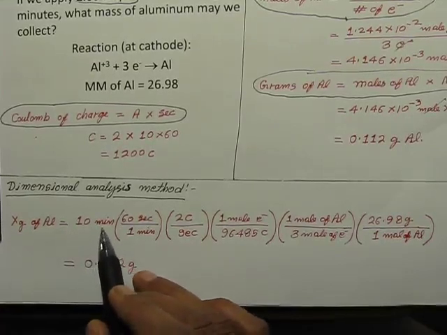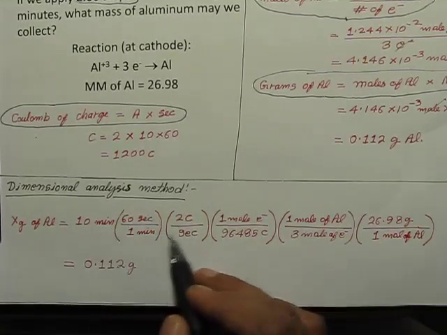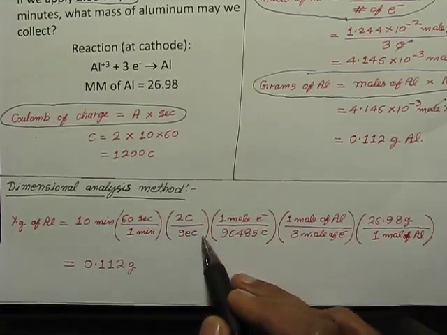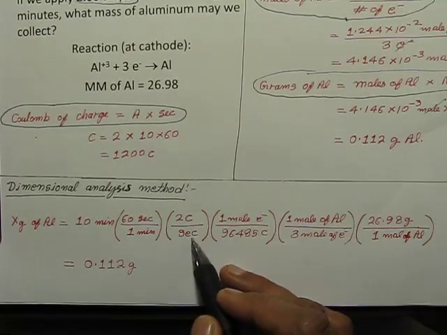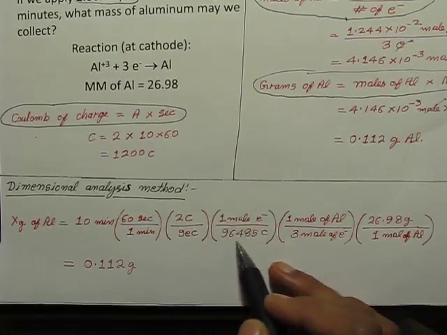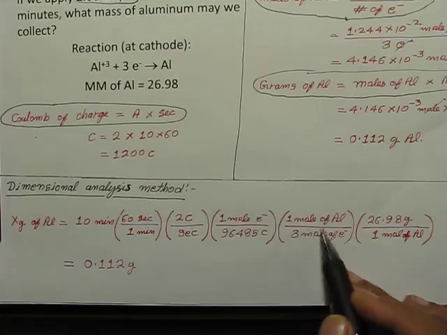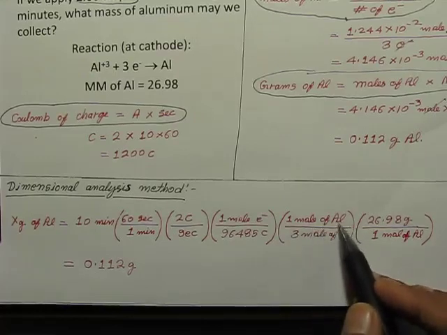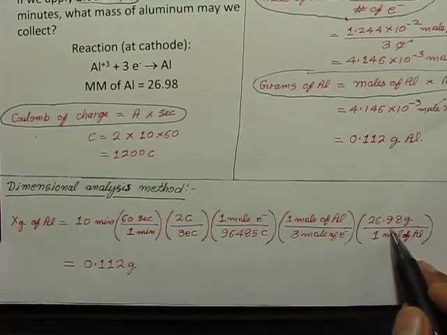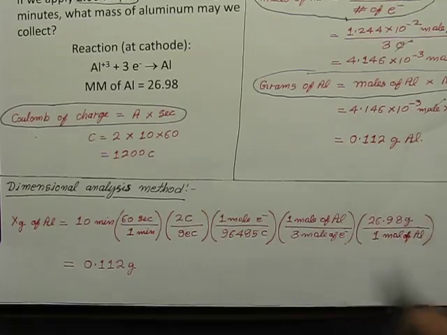First you convert minutes into seconds, 60 seconds in 1 minute, and then convert into charge, so 2 coulombs per second, and then convert into number of moles of electron by dividing by Faraday's value. Then we convert to moles of aluminum by dividing by the number of moles of electron required, and then multiply by the molar mass of aluminum, and then we get the value.